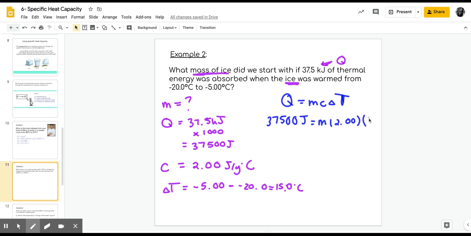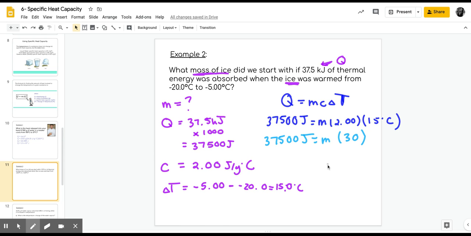And my delta T is 15 degrees Celsius. So I am going to do a little math to make things simple. I'm going to just multiply 2 times 15, simplify. So this is equal to 30. And I haven't done anything to this side, so I'm going to keep moving downwards.